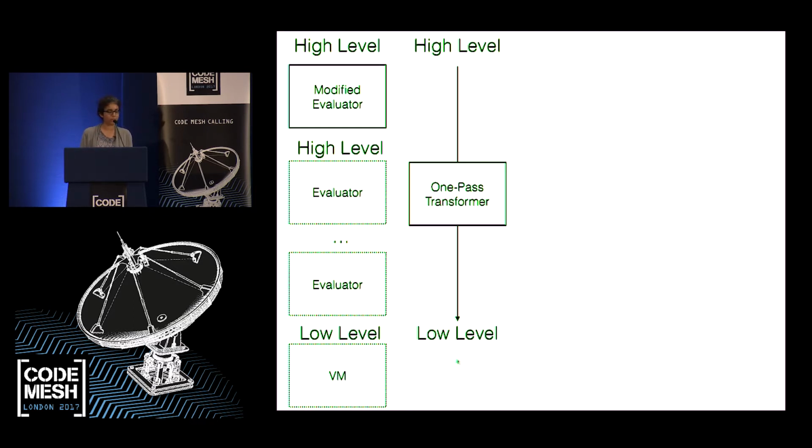So if you were doing tracing, then you could see that you're also doing tracing at the low level, or if you're doing continuation passing style, then you would see that you've basically made all the control flow explicit at the low level. So we will see some instantiation of this.